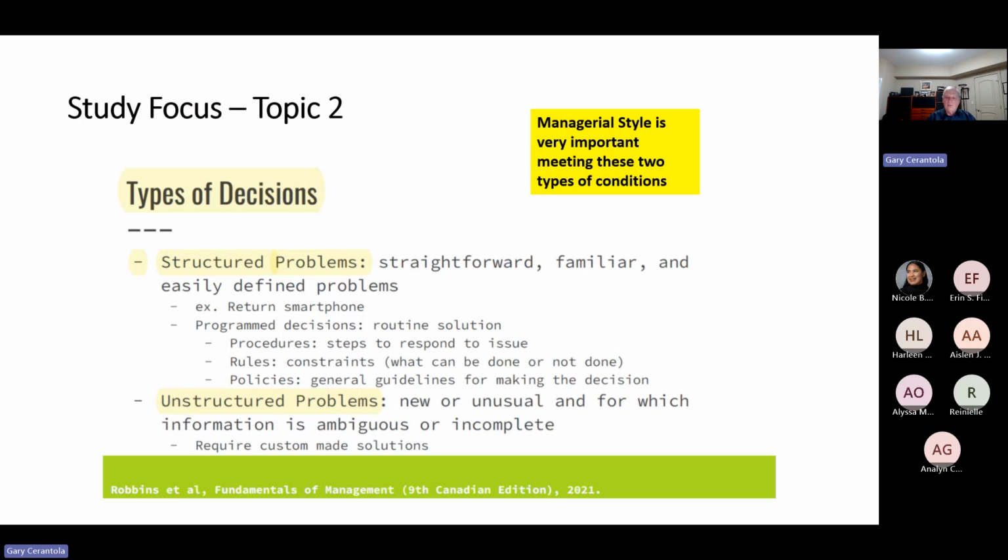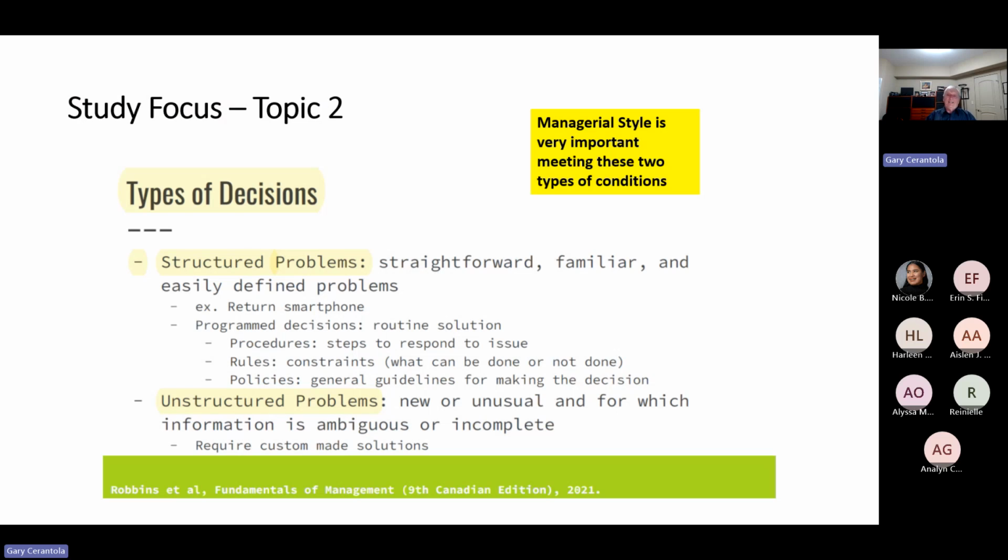A structured problem is, I want to return a smartphone. You know the steps, you know what needs to be done, you know what the rules are, you know what the policies are. And so it's easy, so that it can be dictated almost through a computer-driven platform.